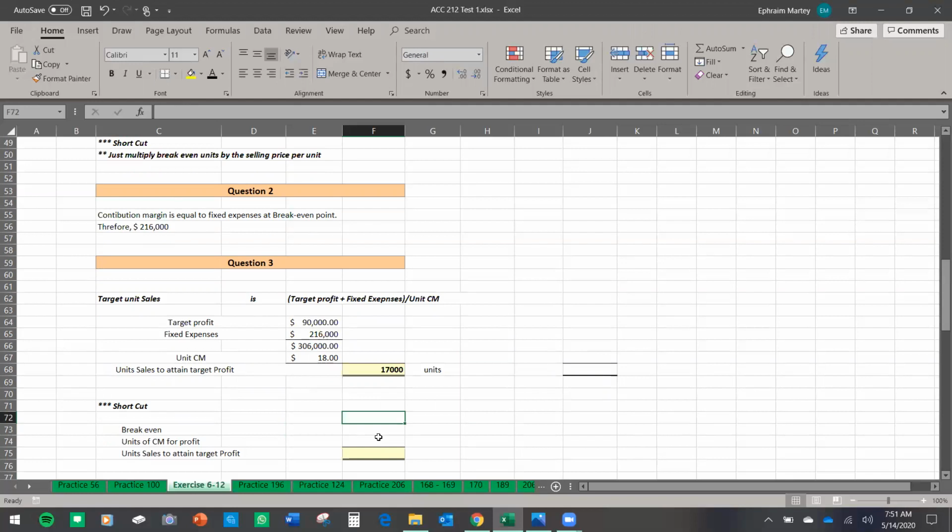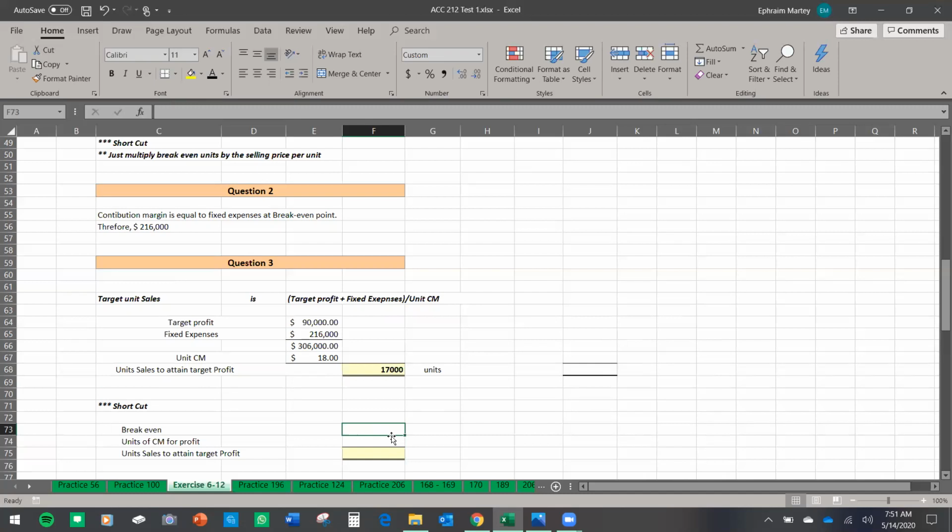I have a shortcut here that I want to let you know. Because we know our target profit is our break-even plus our target profit, and break-even is 0, our target profit of 90,000 will be added to the break-even.